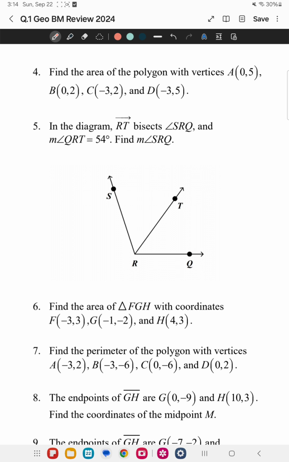We have a ray bisecting. So remember, to bisect means to cut into 2 equal parts. So if QRT is 54 degrees, we need to remember that if it's bisected, it's 2 equal parts.